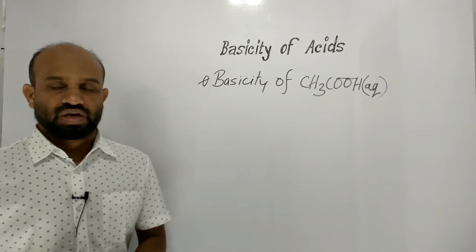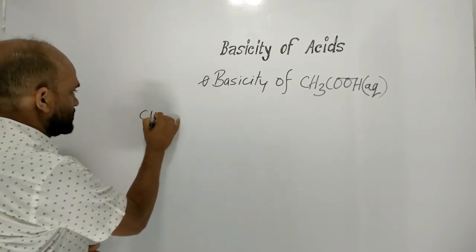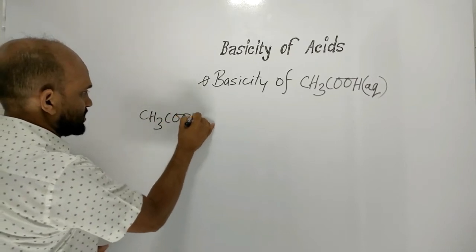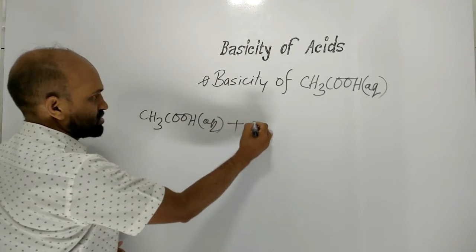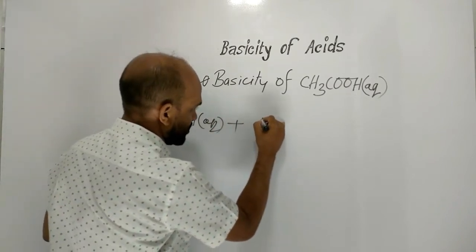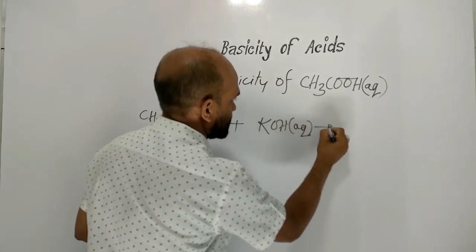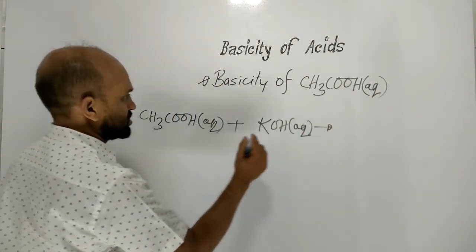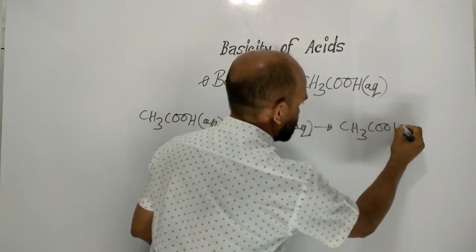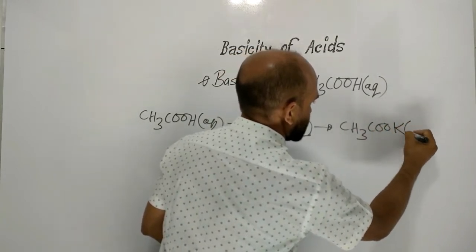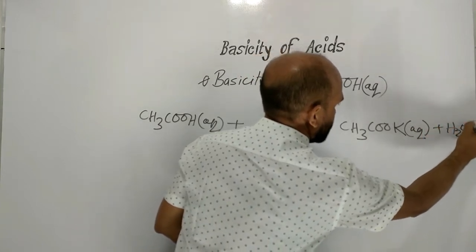Basicity of acetic acid. This is acetic acid, reacts with sodium hydroxide or potassium hydroxide and forms potassium acetate. And water is formed.